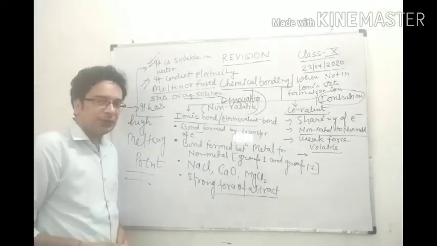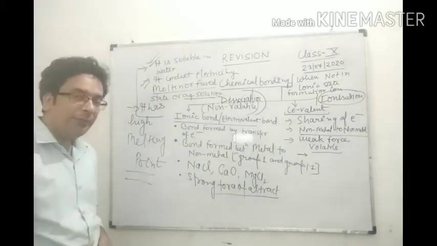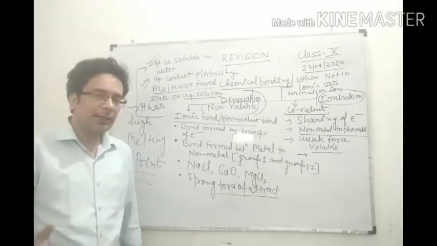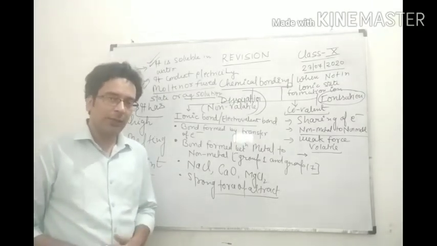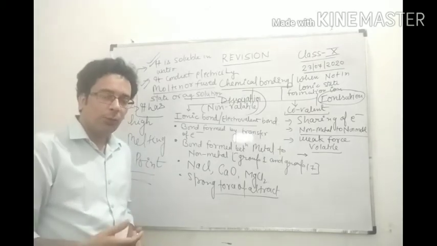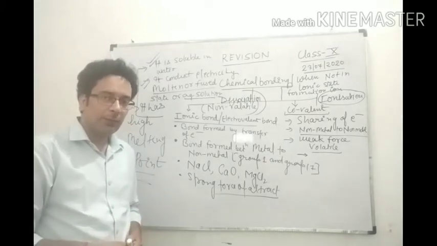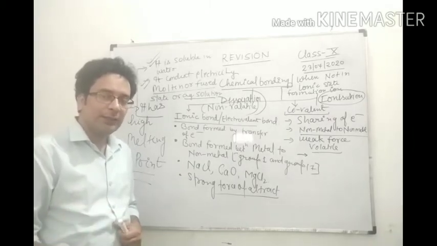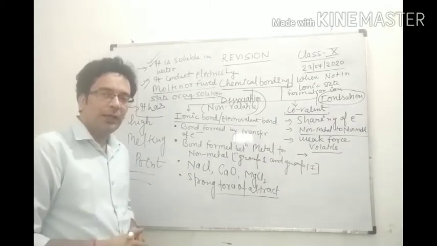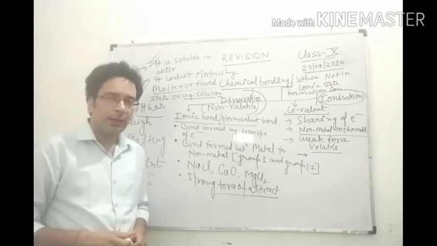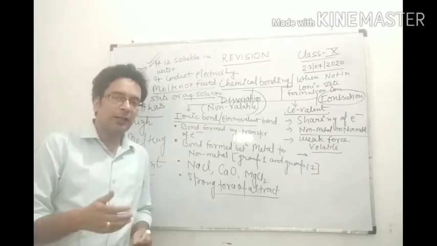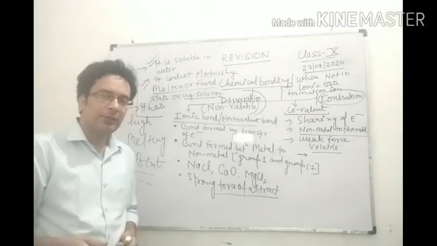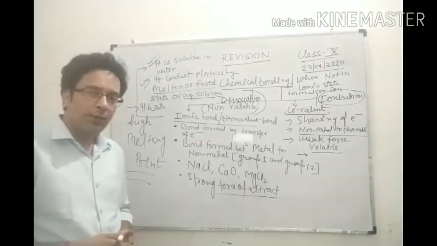Now next I am going to discuss sharing of electrons, that is, the covalent bond or covalent compound. There are two types of covalent compound, polar and non-polar. If equal distribution of electrons takes place within a molecule, it is known as non-polar. If unequal or uneven distribution of electrons takes place, then there is formation of a polar covalent compound.